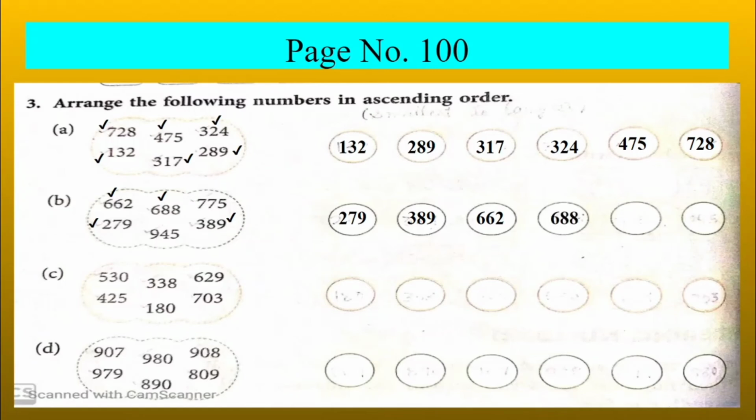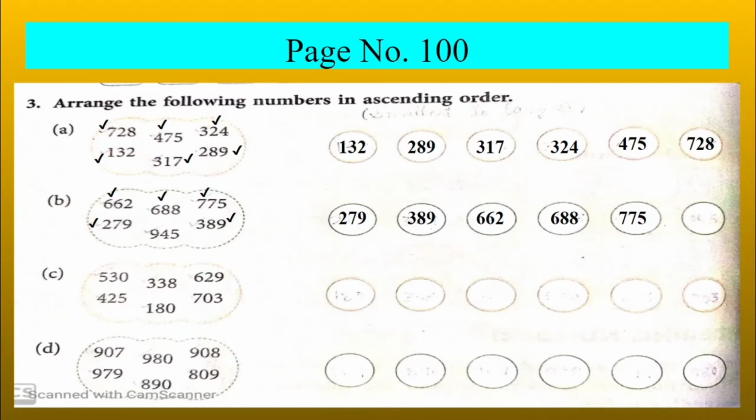Now we are left with the last 2 numbers, which is 775 and 945. So which among the 2 is the smallest number? Yes, 775 is the smallest number. So we will write 775 after 688.